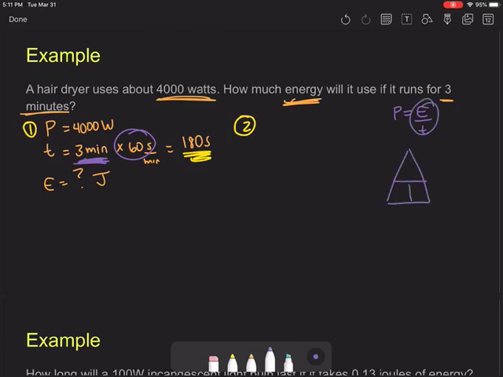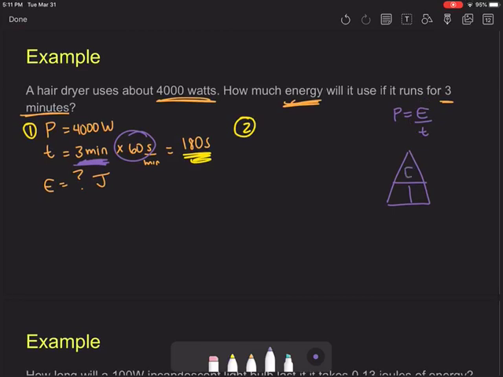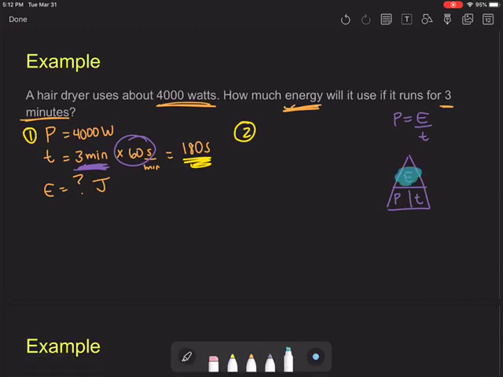E goes on top of T in my triangle, and T takes the remaining spot. To solve for E, I cover it up with my finger. I'm left with P times T. So E is equal to P times T, and that is the equation I'm going to use.